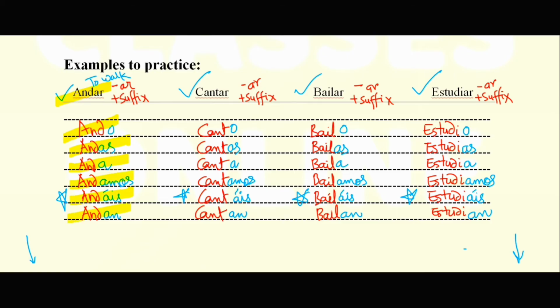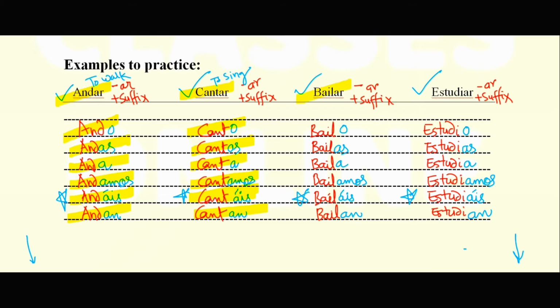Andáis, you all walk. Andan, they walk. Cantar means to sing. Canto becomes I sing. You sing. He, she sings. Cantamos, we all sing. Cantáis, you all sing. Cantan, they all sing.